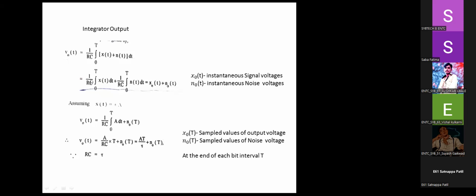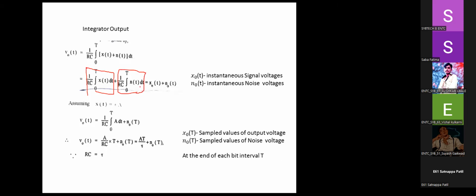This resistor and capacitor cause some time delay, later called tau, or T. Here I apply this integration to x of t as well as n of t, and I get the expression for the instantaneous signal voltage and instantaneous noise voltage.